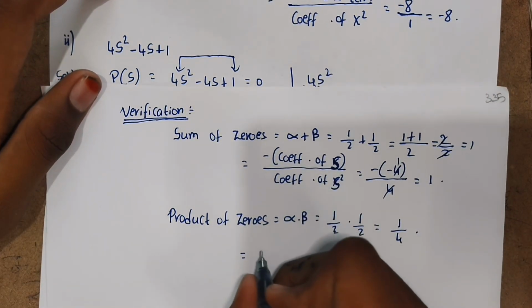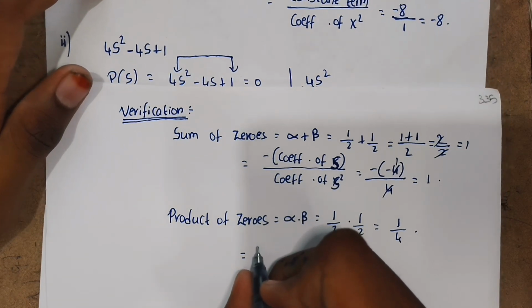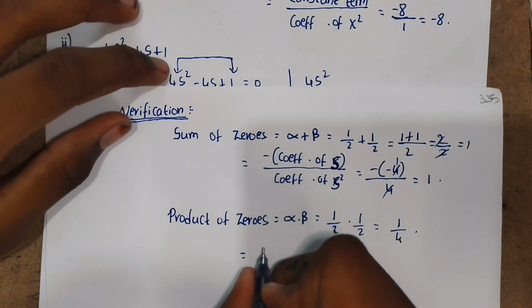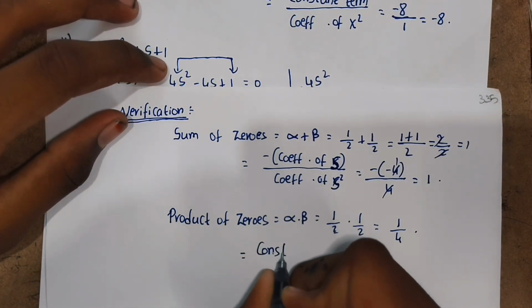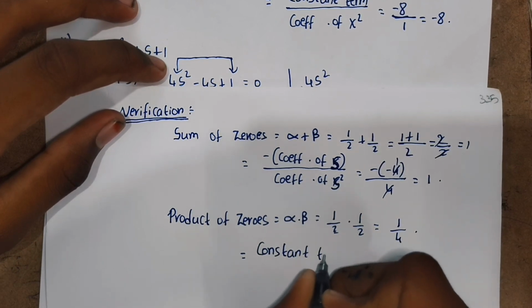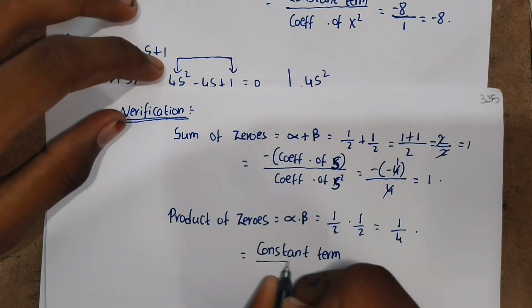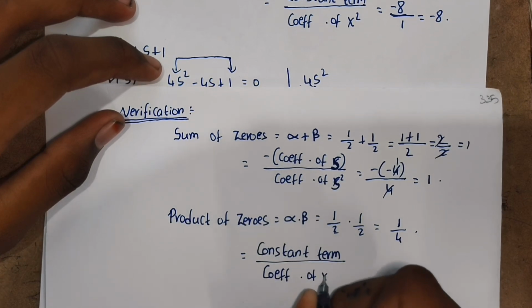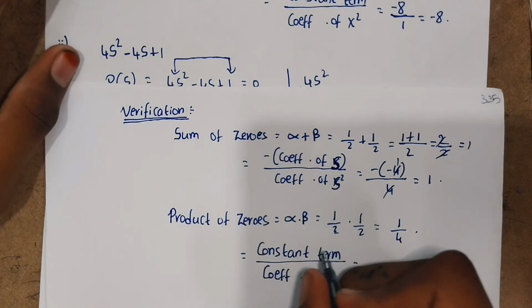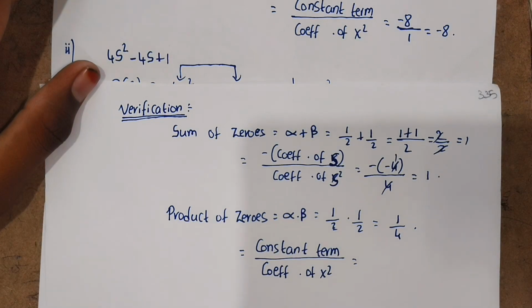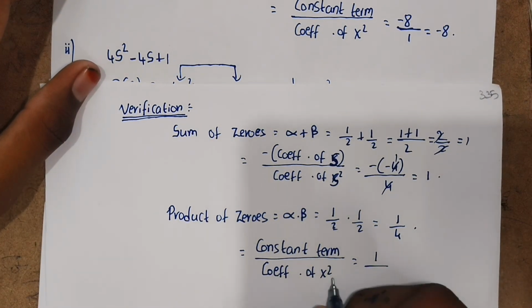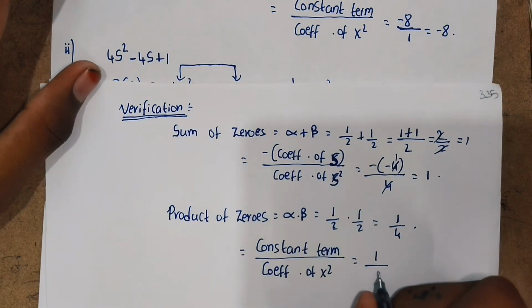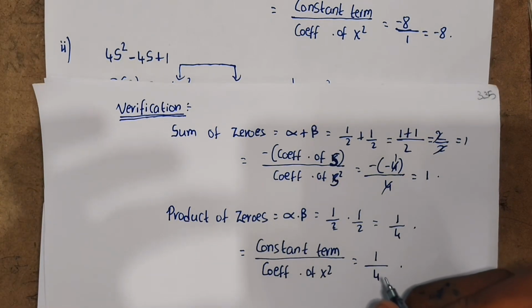Now we do the formula procedure. Constant term by coefficient of x square. Here the constant term is 1 by the coefficient of x square, which is 4, so 1 by 4.